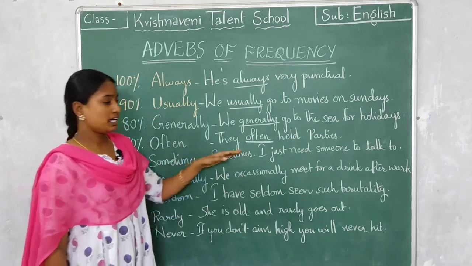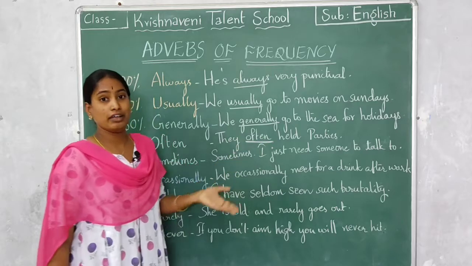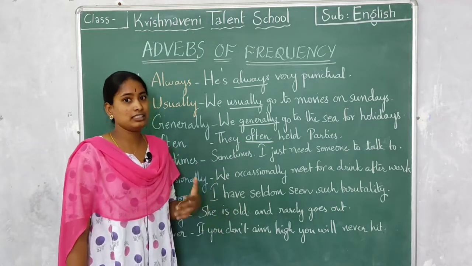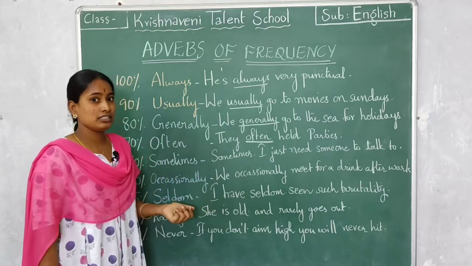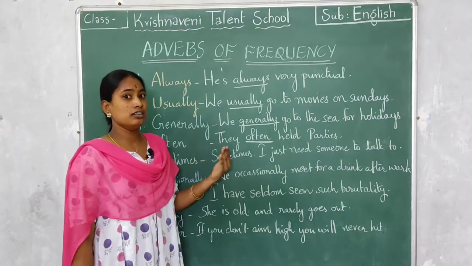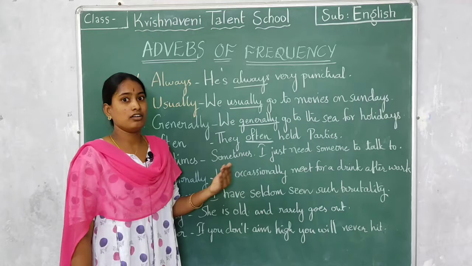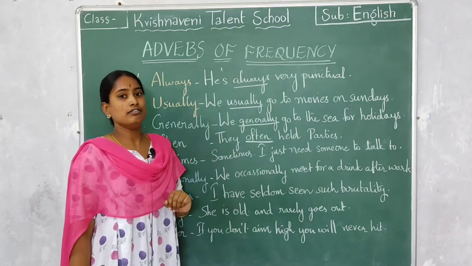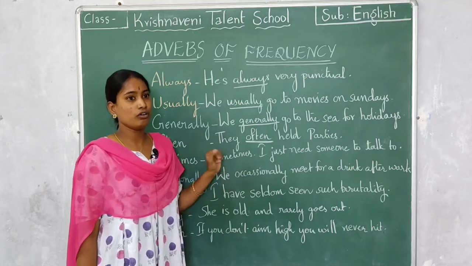They don't conduct parties daily, not every Sunday, not once in a month or once in 3 months. Maybe once in 6 months or once in a year they conduct parties. So that's why here we should use often.